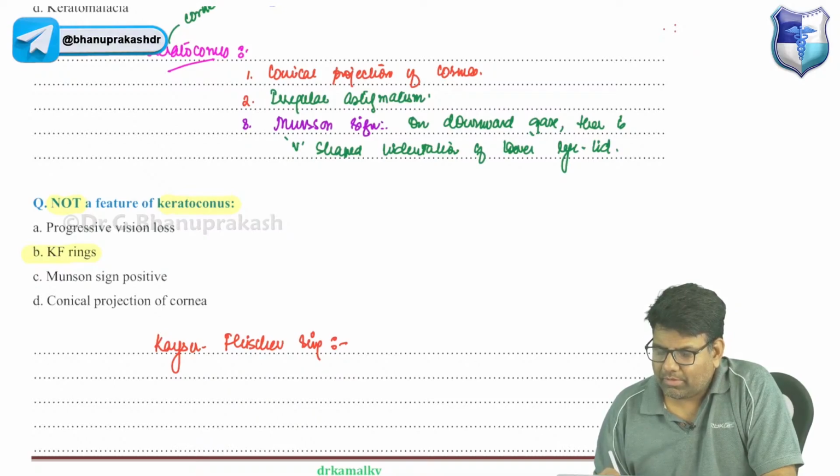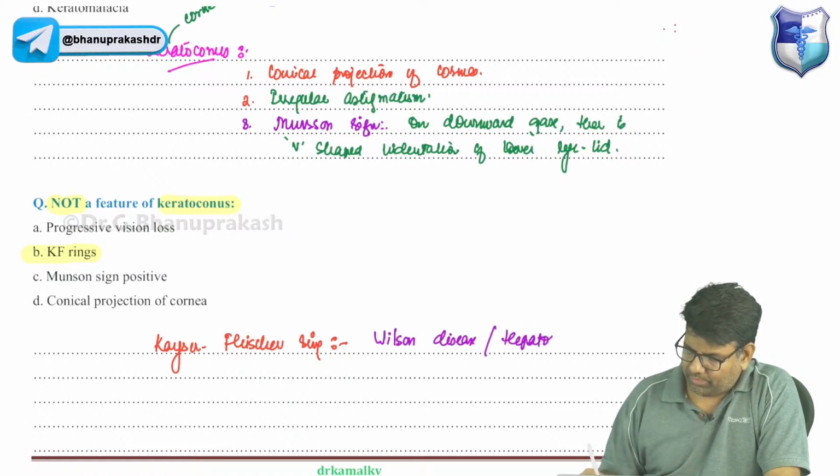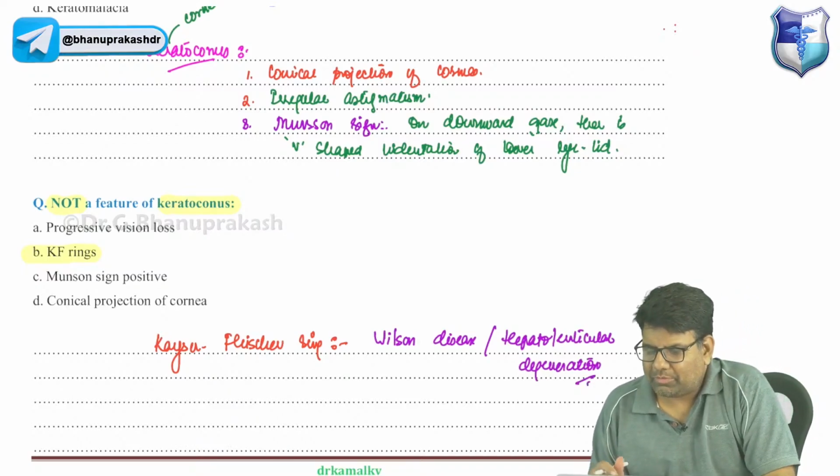Yes, you are right. Where do we find Kayser-Fleischer rings? Wilson disease, also known as hepatolenticular degeneration. So these are rings in the Descemet membrane.